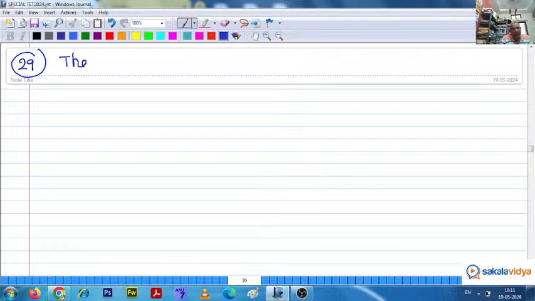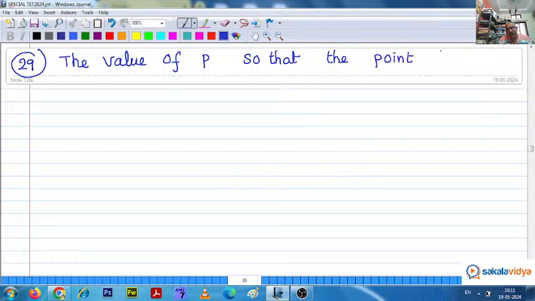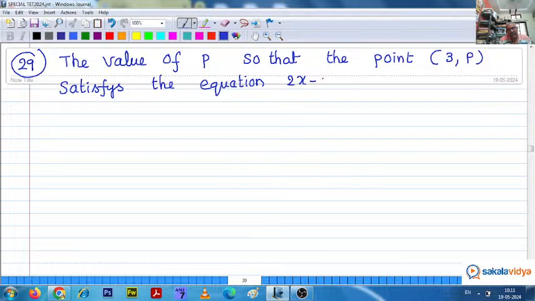The value of P so that the point 3 comma P satisfies the equation 2x minus 3y is equal to 5 is.